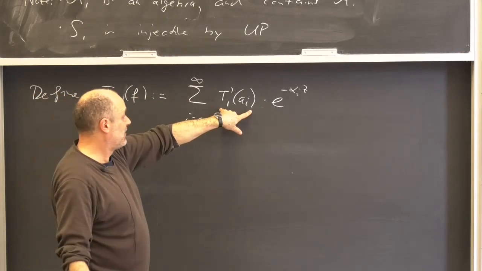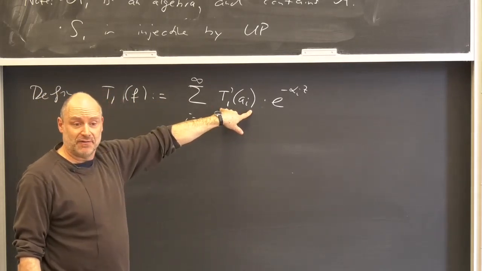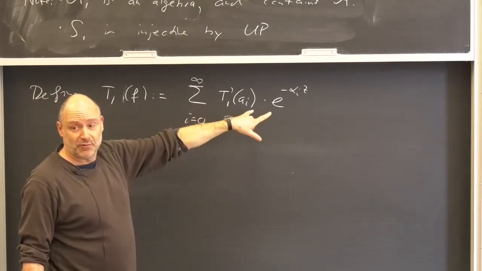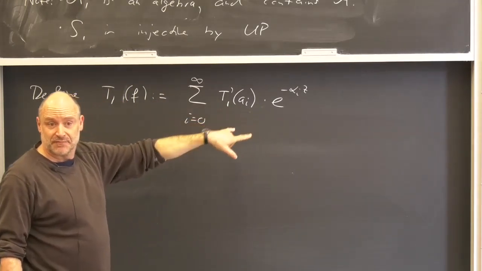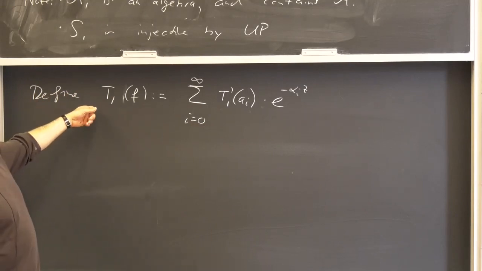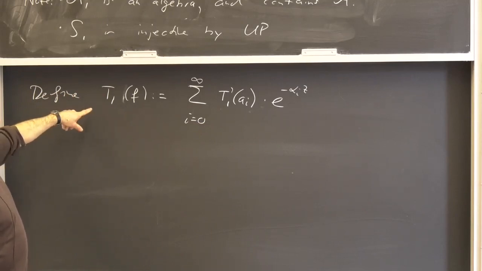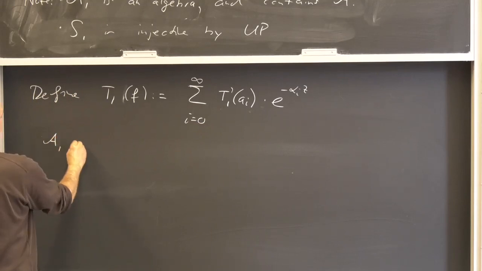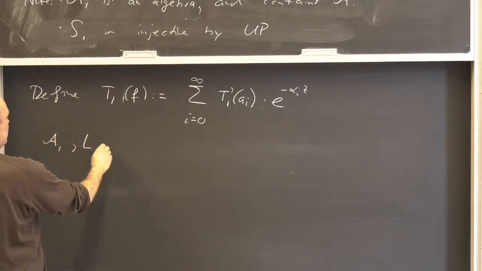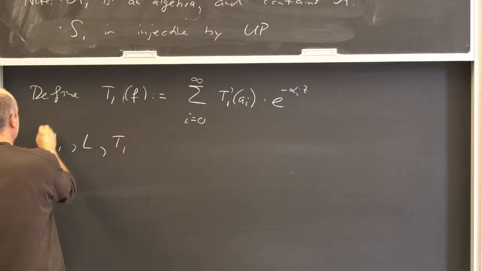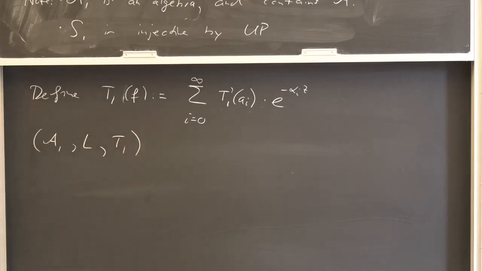Now each guy here has order type omega, which means in general T1 of f will have order type omega squared. And now you can check, and this is just an exercise, that A1 with this L as monomials, so it's only part of that, and T1, this is a QA algebra.